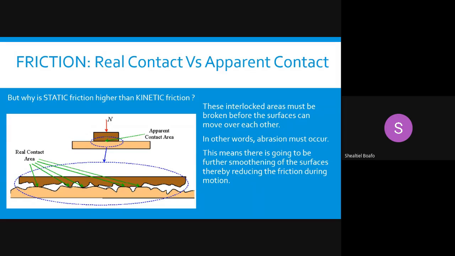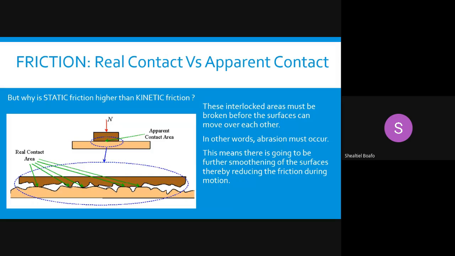The asperities have been broken, so the surfaces are not sharp and rough like they were. Anytime there's smoothing, there's a reduction in friction. So that static friction has now reduced in magnitude because there's further smoothing between the surfaces.